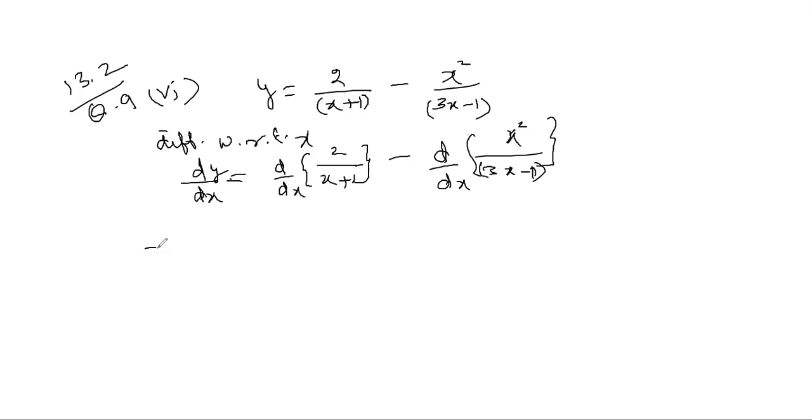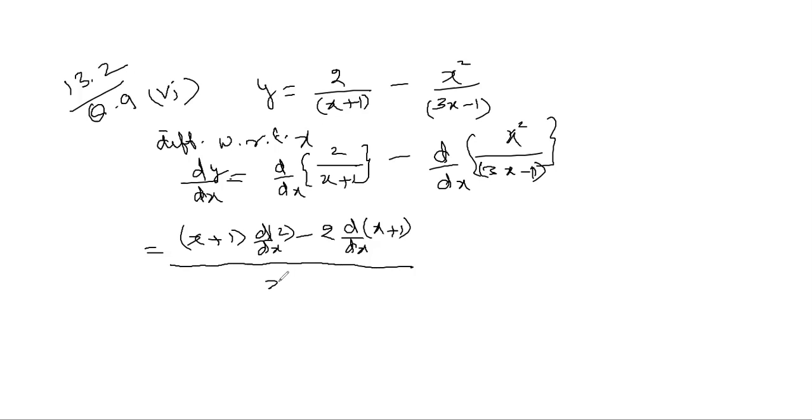Now quotient rule: leave the denominator x plus 1 and differential of 2, that will be 0, d by dx of 2, minus leaving 2, d by dx of x plus 1. D by dx of x plus 1 will go again inside, the whole divided by x plus 1 whole square.